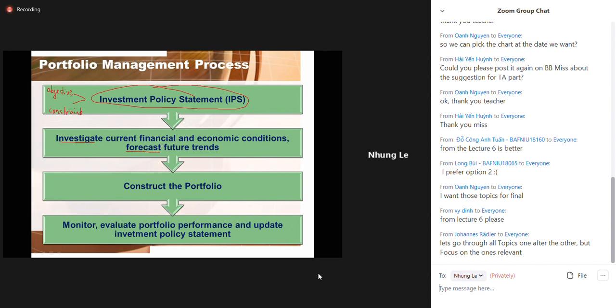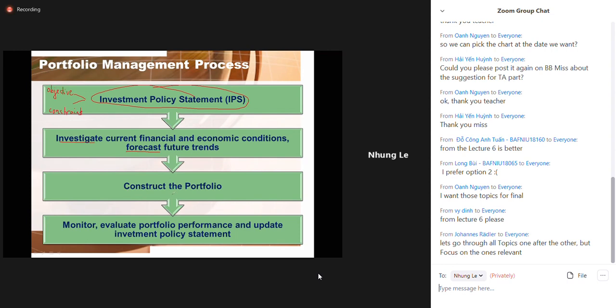However, please discuss with me at any point you want. Case by case, suppose you choose some industry you are interested in, bring that and we discuss together. We analyze what is happening at the moment and we forecast for the future. Okay, this is the second step.